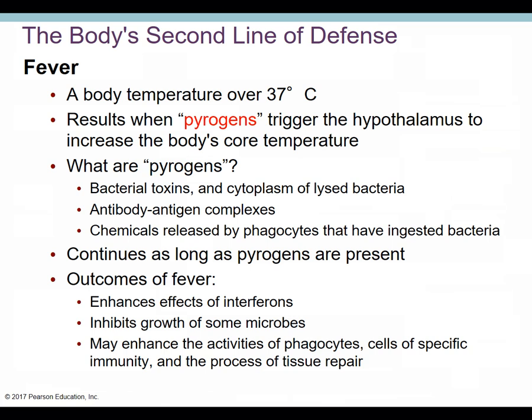And just like the inflammation, some amount of fever is desirable if you have an acute situation, because this is allowing the interferons to be able to function better. It slows down the growth of the microbes themselves, or the reproduction of the microbes, and enhances the activities of some of your white blood cells.